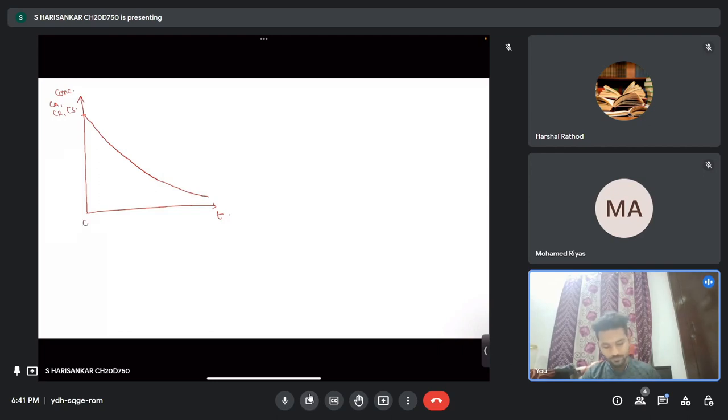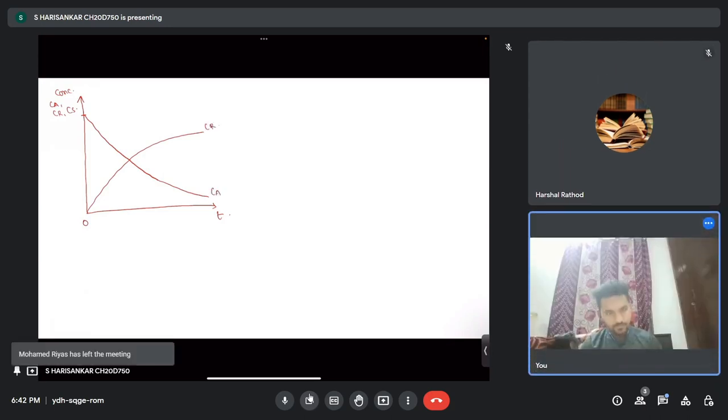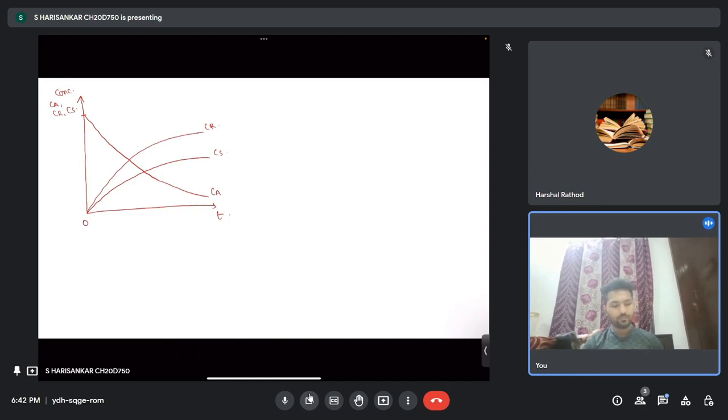So it will start from 0 and R will go like this, this is Ca, this is Cr, and similar to this S will also go like this, Cs. Now whichever comes on top, this can even be Cs and this can be Cr.